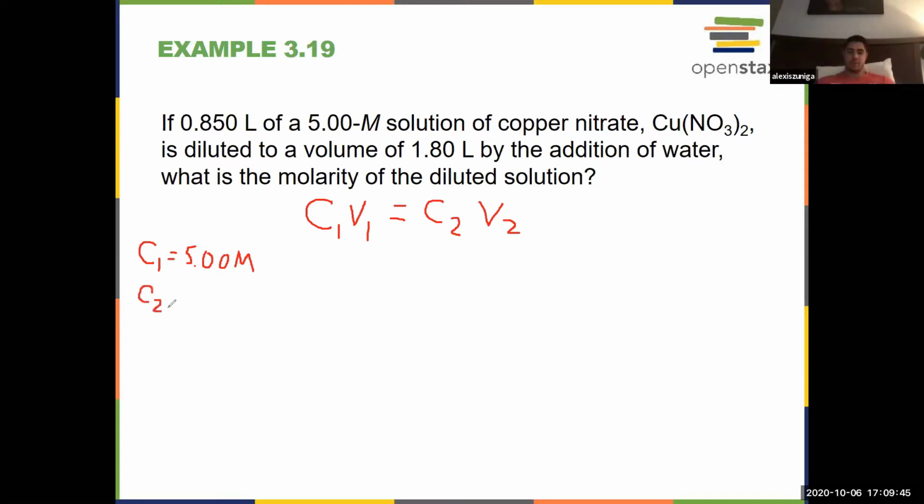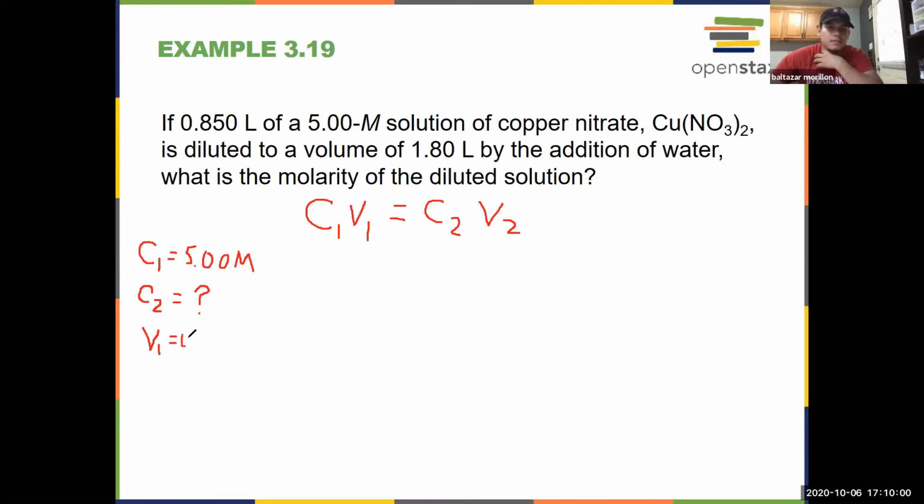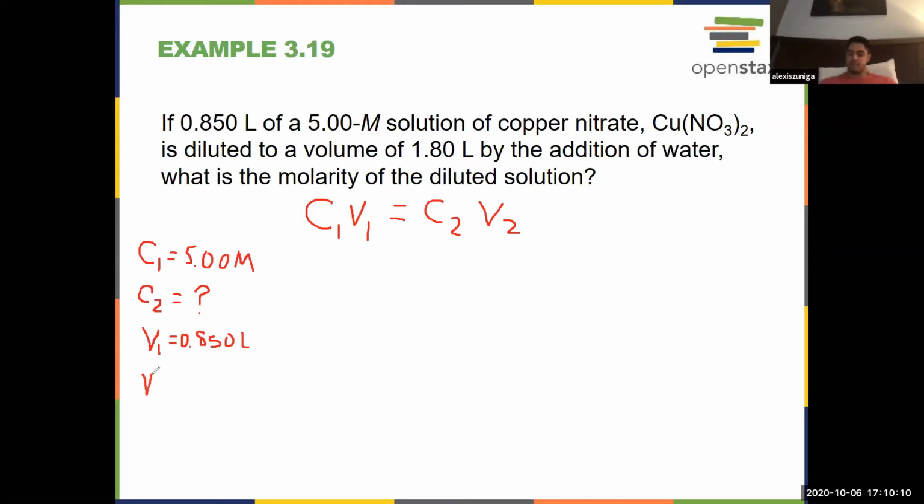That's what we're trying to find. Big question mark. V1? 0.850. V2? 1.80.